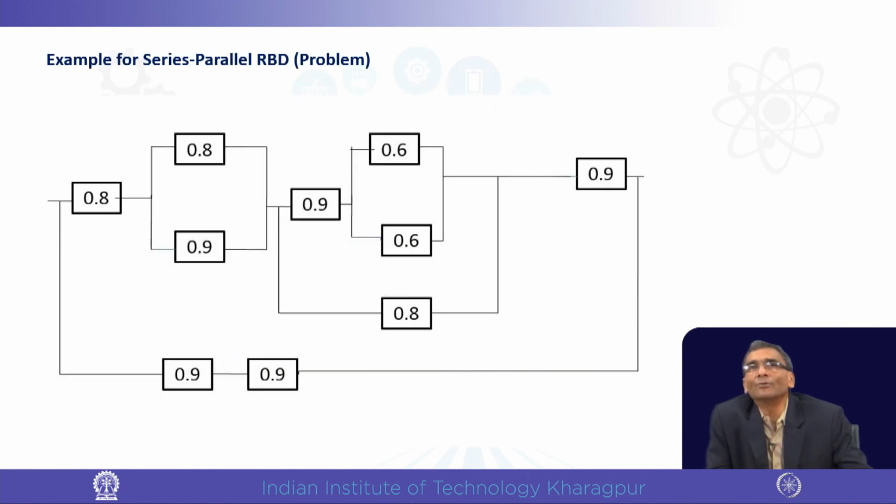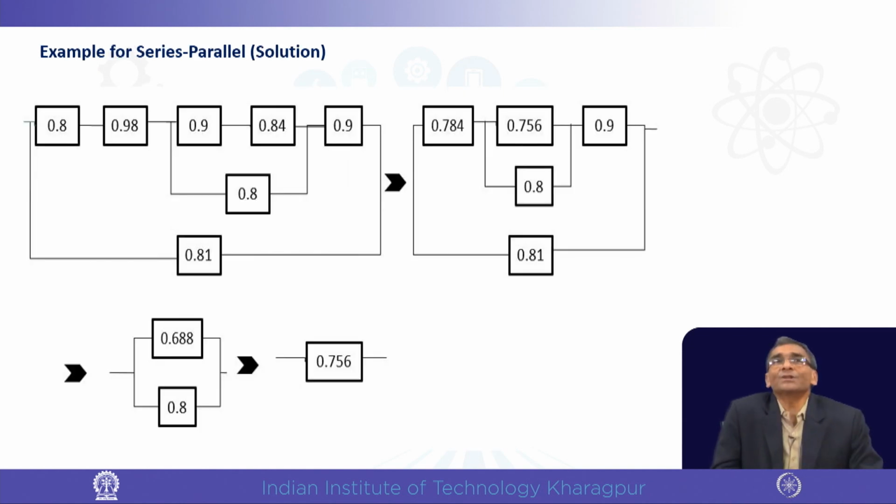Now, I will be closing today's discussion after showing this example of a series parallel system, where within the blocks you will find the reliability values put in. If I ask you what is this system reliability, you would be using the formula you have just learned, the series and parallel. The solution is here.